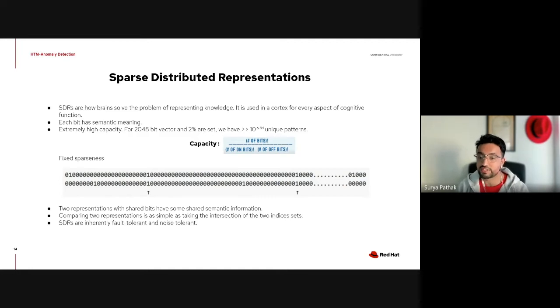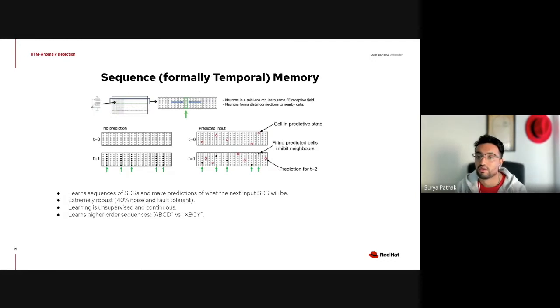Comparing two representations is as simple as taking the intersection of two index sets. Sparse distributed representations are inherently fault tolerant and noise tolerant representations. If we move along, now we have this sparse distributed representation. We have this neuron from this, we have this HTM neuron.